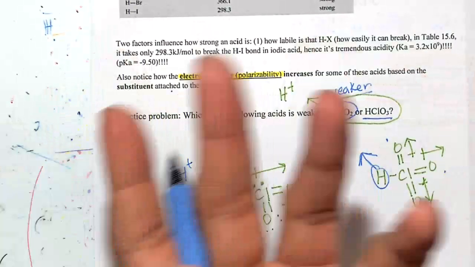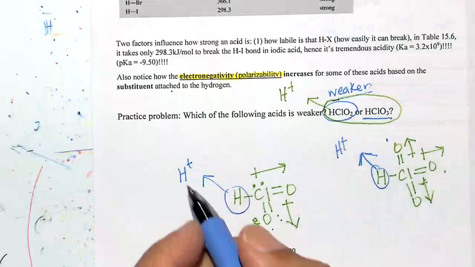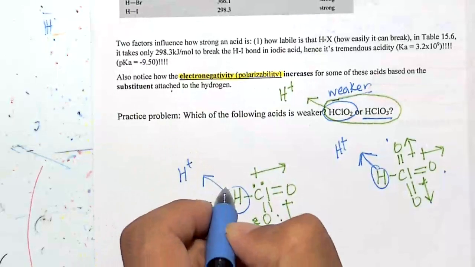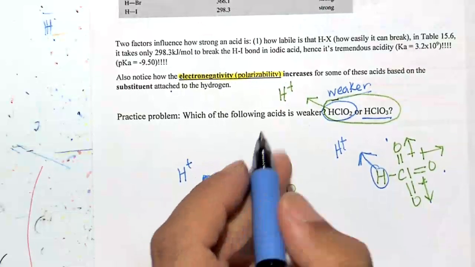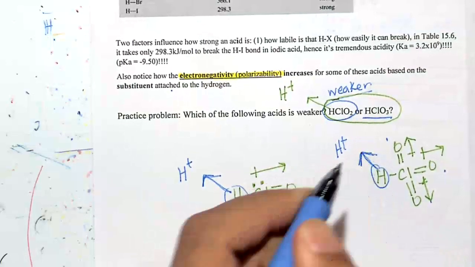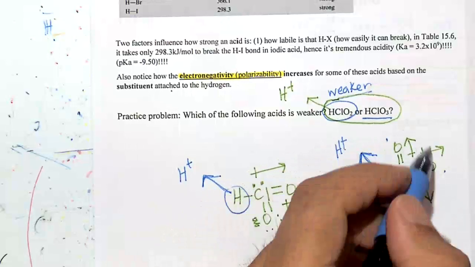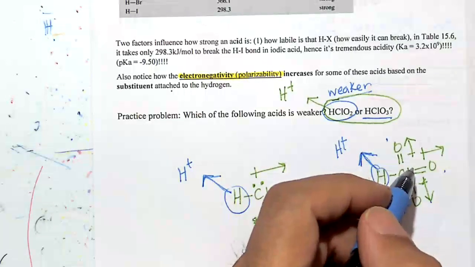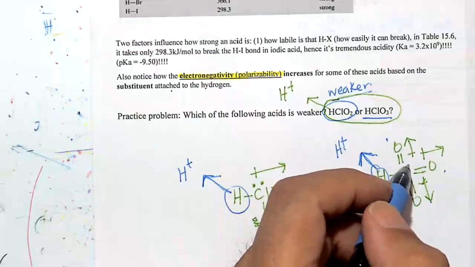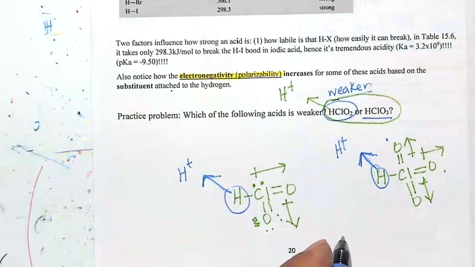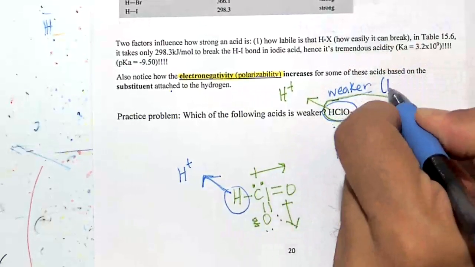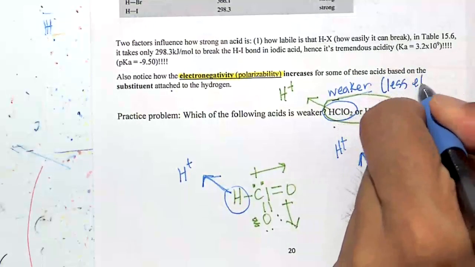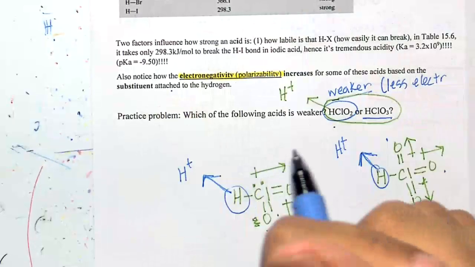Oxygen, fluorine, nitrogen, they pull. When they pull, it's more likely you can liberate the H+. So this would be the weaker acid, with less electronegative oxygen, so less pull.